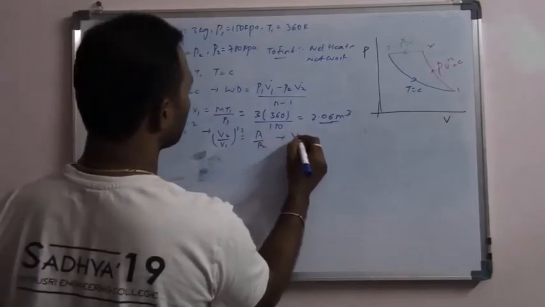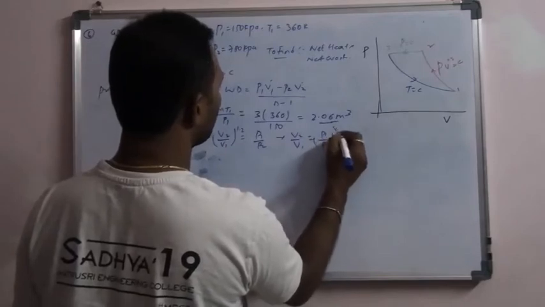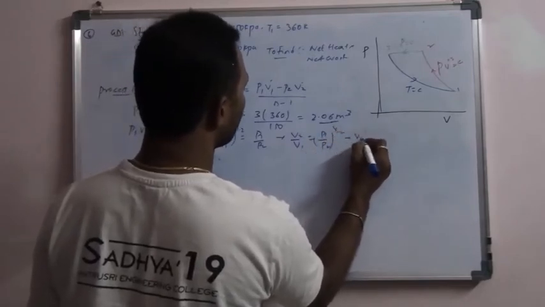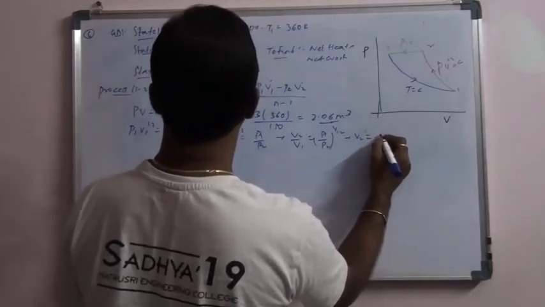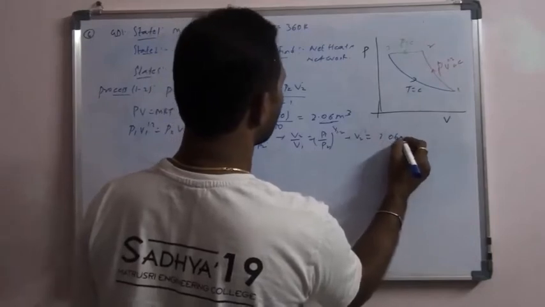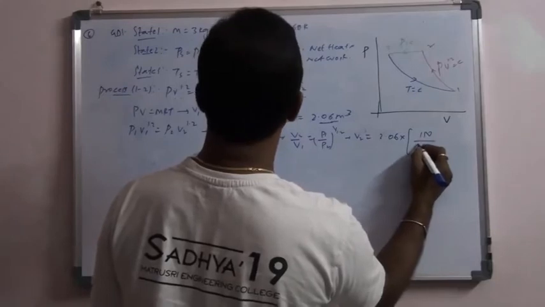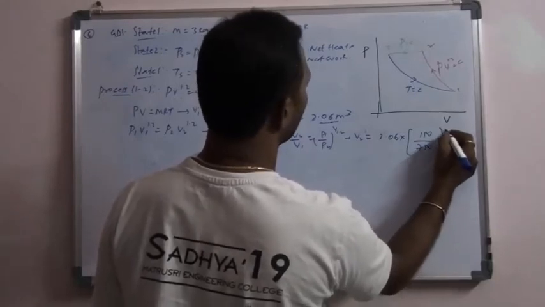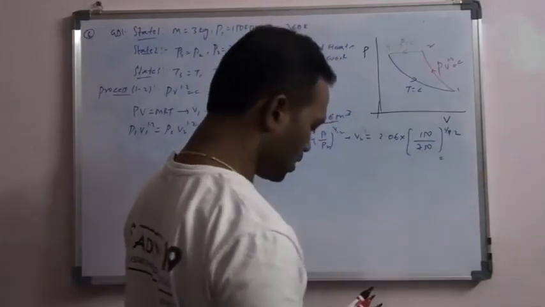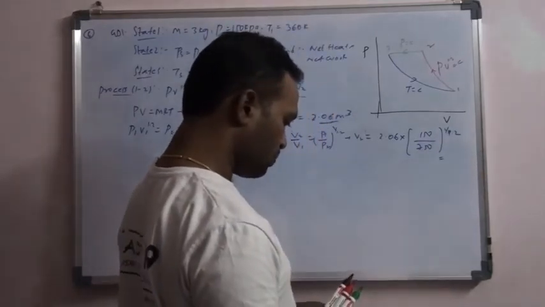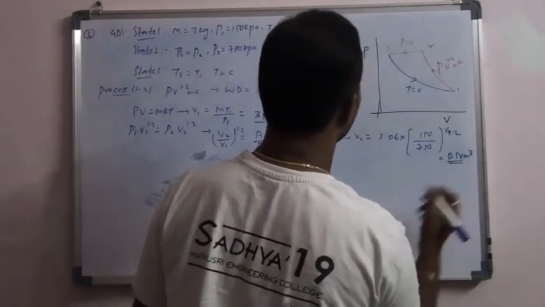So V2 by V1 is equal to (P1 by P2)^(1/1.2). So V2 is equal to V1, which we already have as 2.06, into (150 by 750)^(1/1.2). From this, I got the value of V2 as 0.54 meter cube.